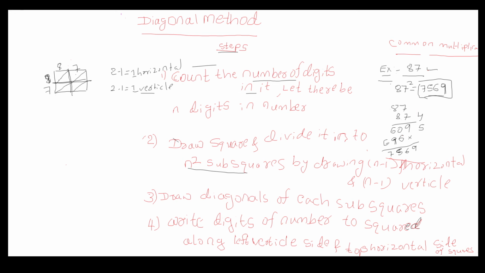Draw the diagonals of each sub square and write the digits of the number to be squared along the left vertical side and top horizontal side.